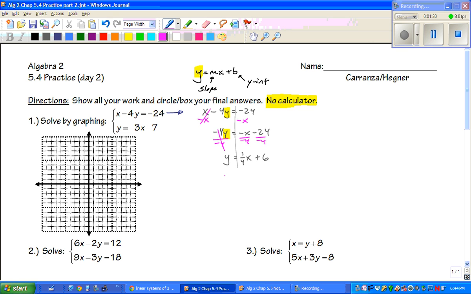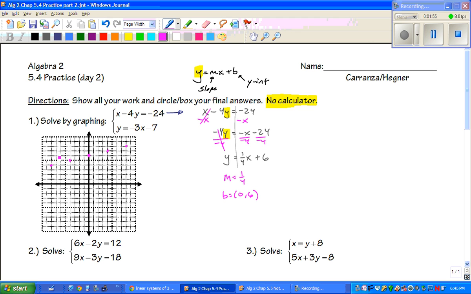Okay, so now we know that our slope is 1/4 and our b, the y-intercept, is 6. So we start at positive 6. We go up 1, over 4, up 1, over 4, and I'm going to do that in both directions. And there's our line.